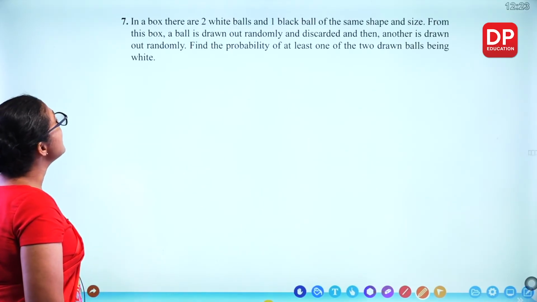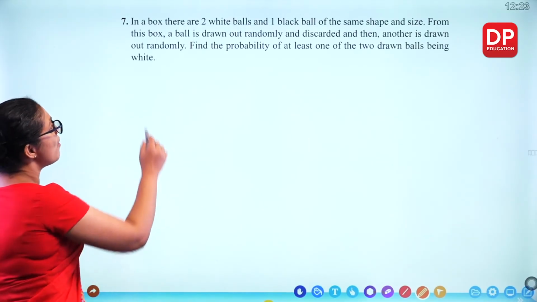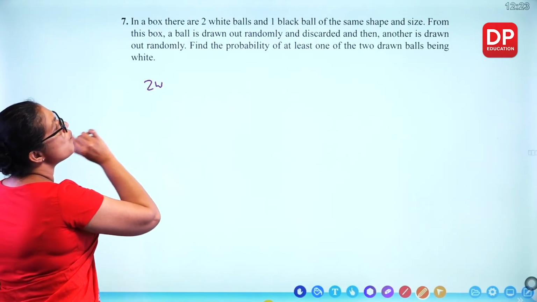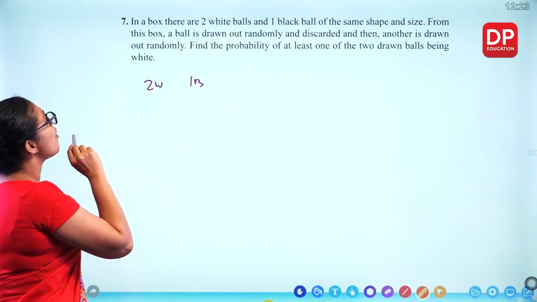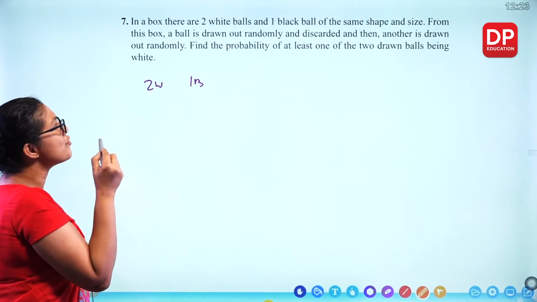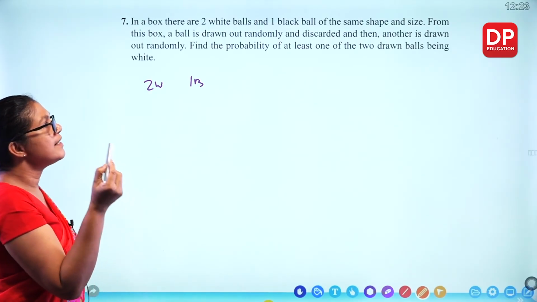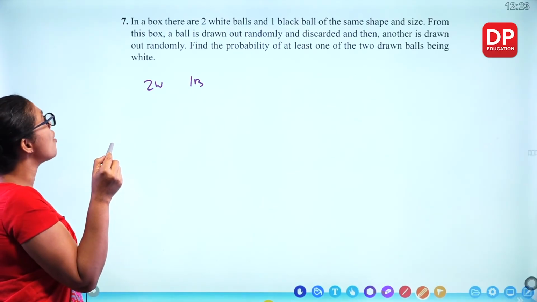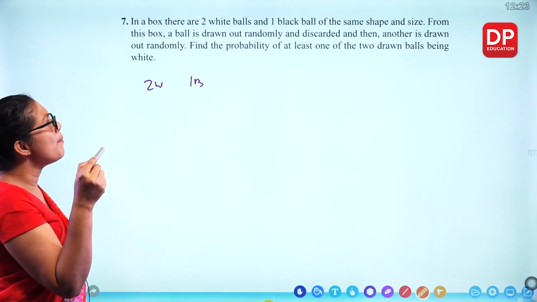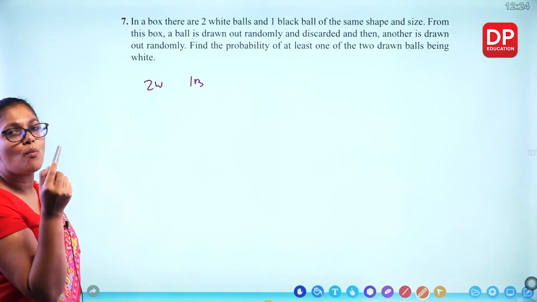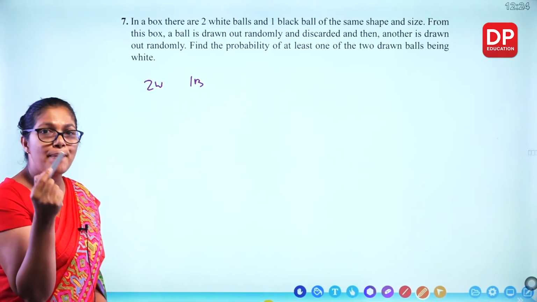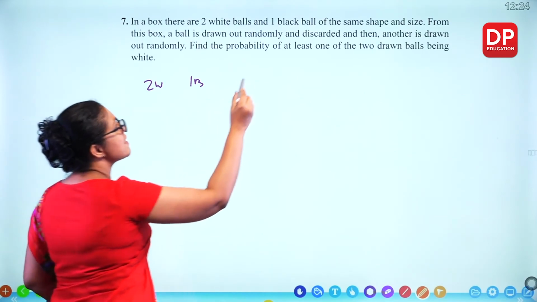Question number 7. In a box there are 2 white balls and 1 black ball of the same shape and size. From this box a ball is drawn out randomly and discarded, and then another is drawn out randomly. Find the probability of at least one of the 2 drawn balls being white. So this is a dependent case because it's discarded.